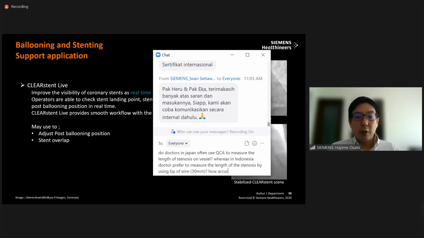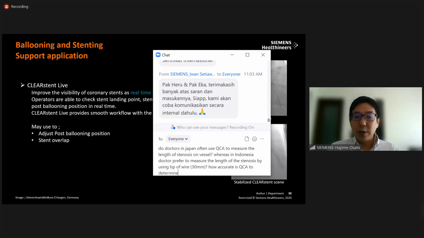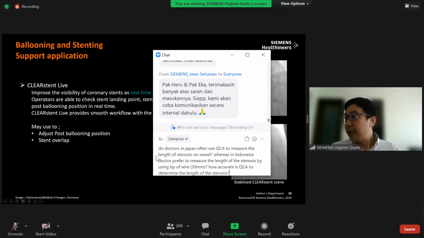Clear stent provides a static image, and calculation time is required, but clear stent live is real-time processing, so it makes a smooth workflow. It is available for post-ballooning and stent deployment. We can see both the normal scene and the enhanced image at the same time.